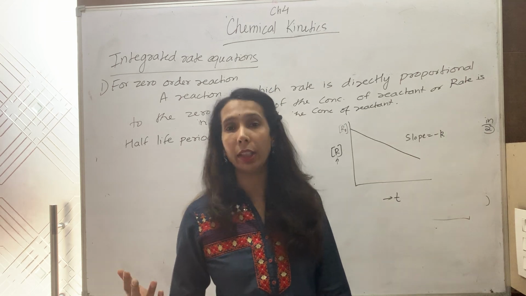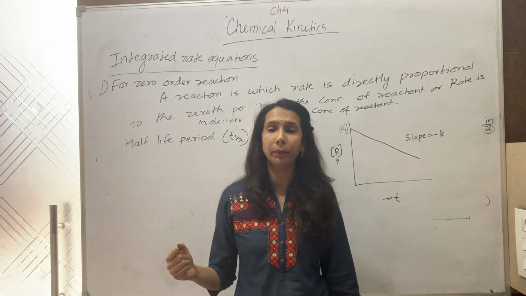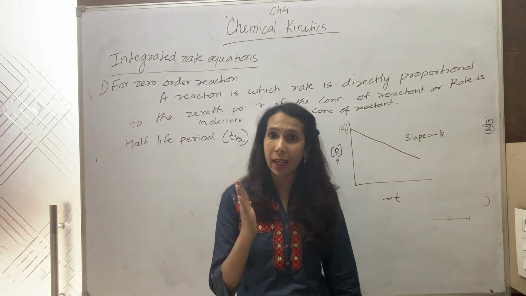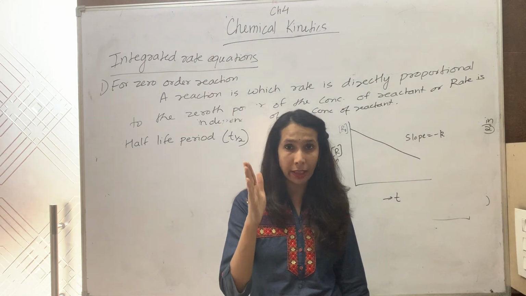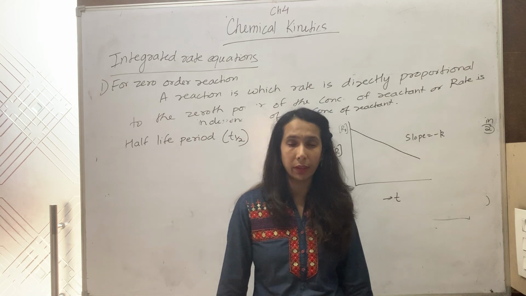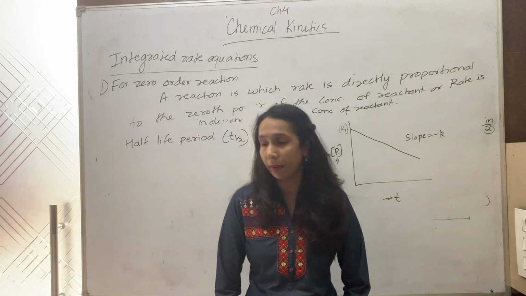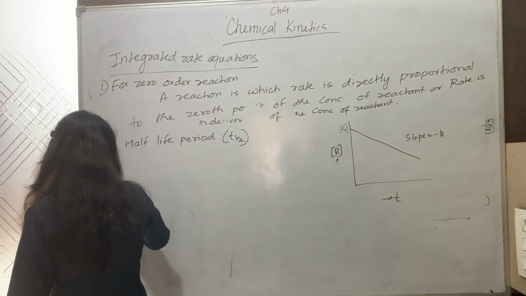Suppose initially I have taken the concentration 50 mole per liter. The time required for the concentration to become half, that is half of 50, 25, will be called half-life period. So how can I define half-life period?